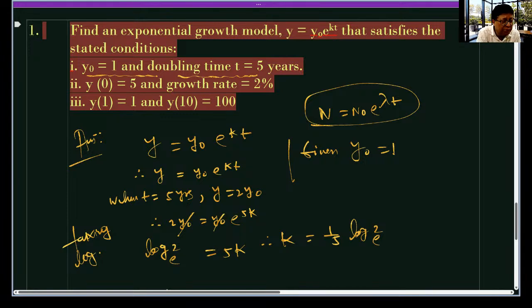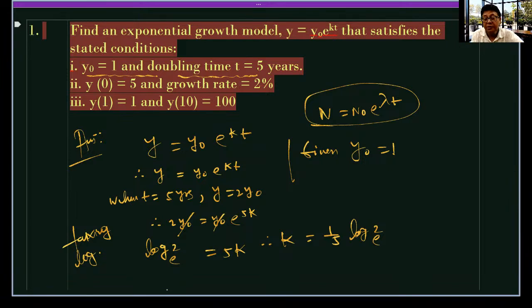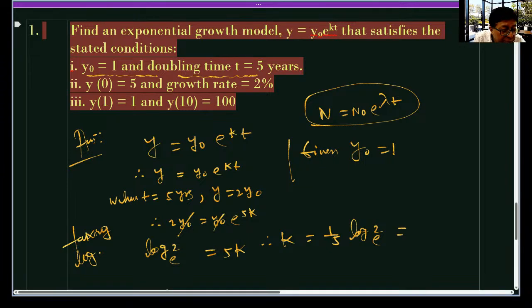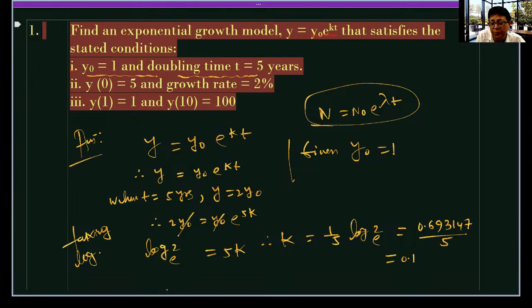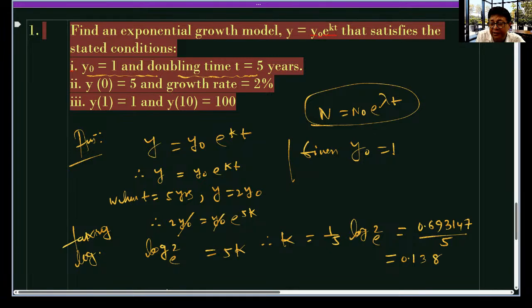You can go through the book. What is the value of log 2 base e? I am checking here. This is given to be 0.693147 by 5. This is approximately 0.138629. So they have asked you to find the exponential growth model. What is the growth model here?